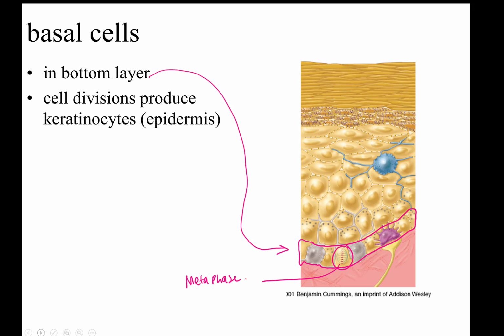This cell is going to divide, and it's going to produce one cell that remains a stem cell, and one cell that's going to move upward in the column of cells and become a keratinocyte. So because each cell division produces one stem cell and one keratinocyte, you have a constant supply of each of those cells. That's the power of the basal cells.